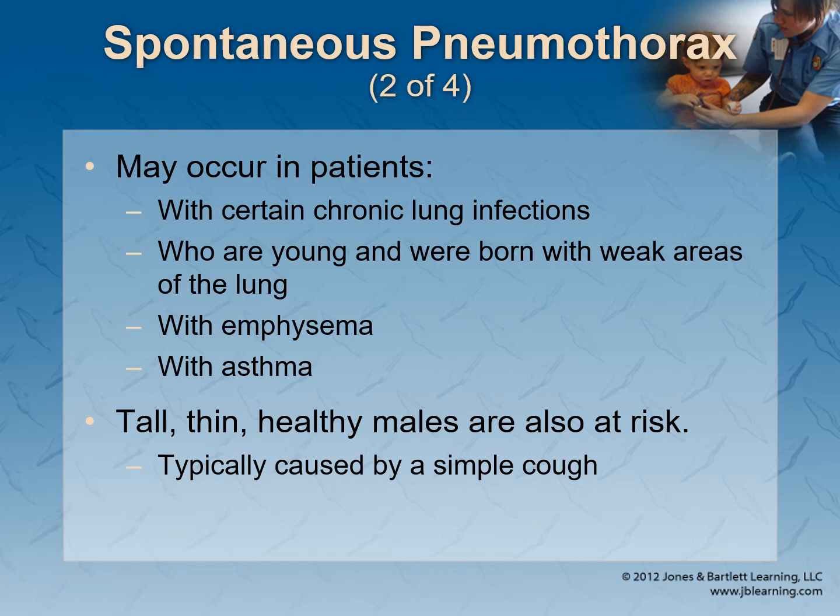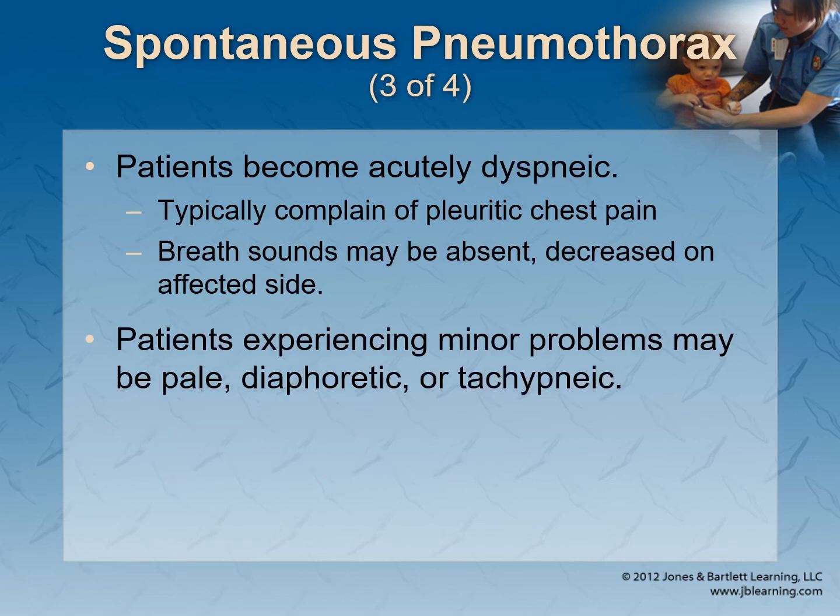So tall, thin male patients, they can be young, they can be athletic, no other medical problems, with sudden onset shortness of breath. You always want to ask, have you been coughing recently? Do you have a cold? Or it could be a simple piece of dust got down their throat or a little piece of food and they coughed once or twice and now they're super short of breath, with a little bit of chest pain. Pneumothorax needs to be high up on your differential there.